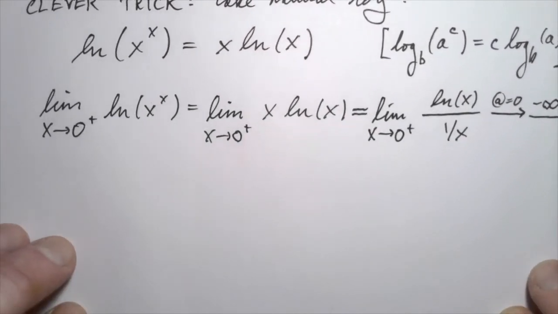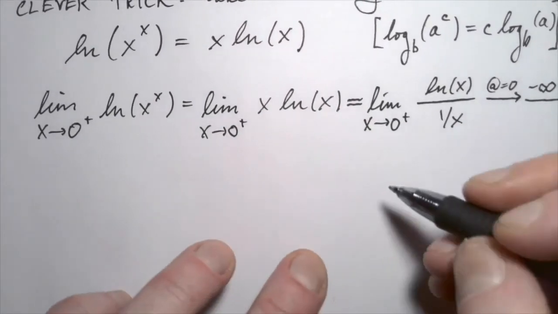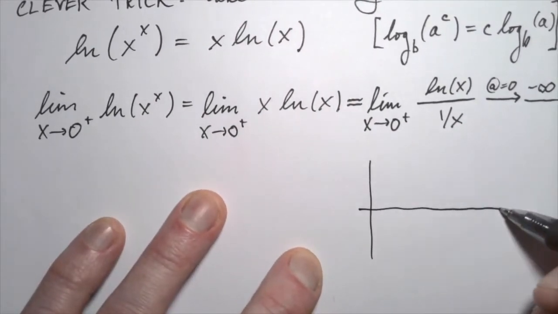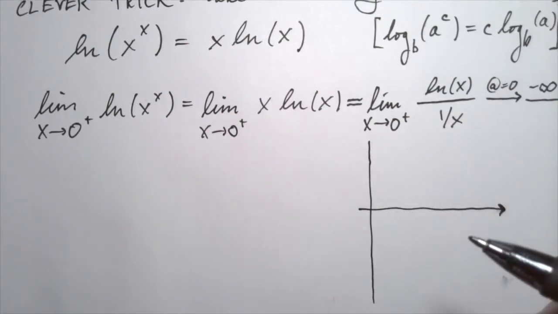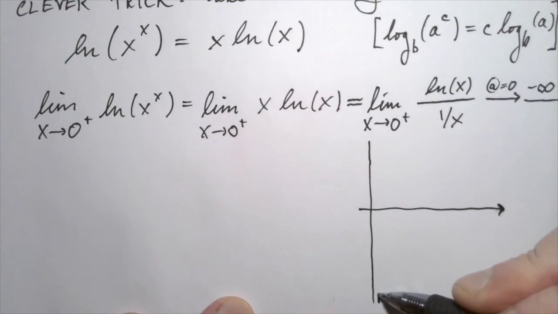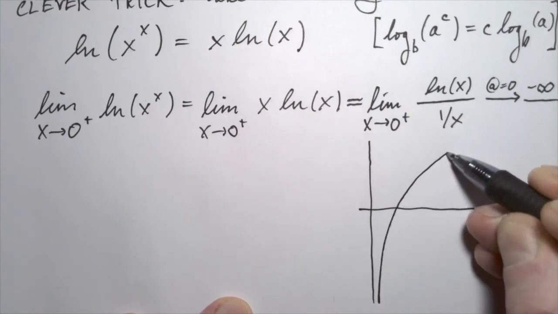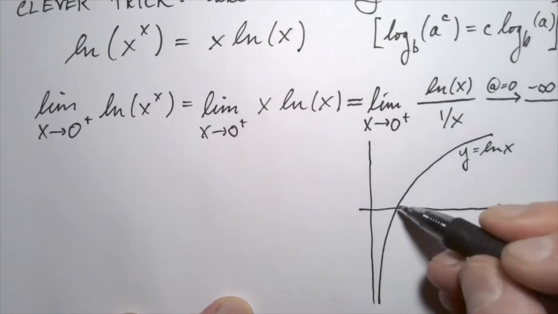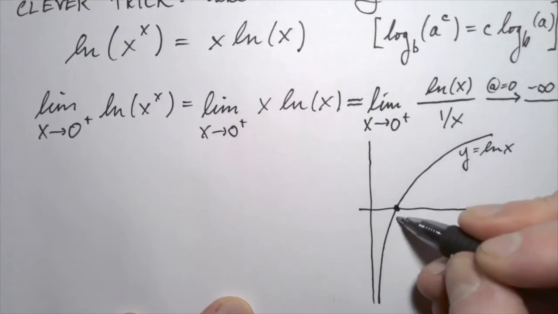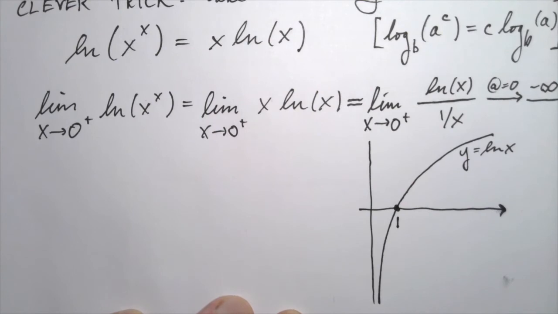Why is natural log tending towards minus infinity? Here, I'll show you. Remember the graph of the natural log function? The graph of the natural log function is sort of the flip along the line y equals x of e to the x because, well, it's the inverse function of e to the x. In particular, it goes through the point 1, 0.